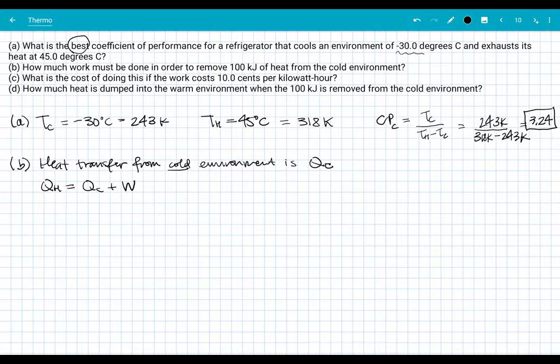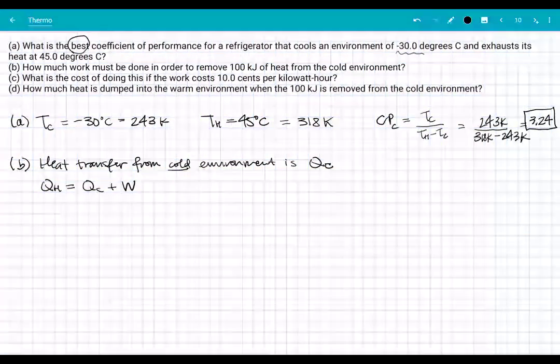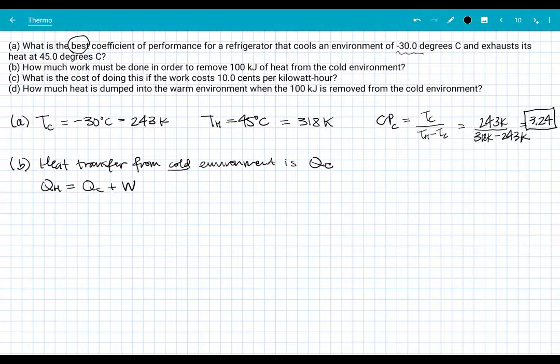A way to think about this in the freezer situation is that QC is the heat transfer from the cold compartment. You need to keep doing that or else the cold compartment is going to warm up, so that's a fundamental part of running the refrigerator or freezer. The work is the electrical work that needs to come in from the wall to make this happen, since the transfer of heat from cold to hot is not spontaneous and takes work to do in our universe.